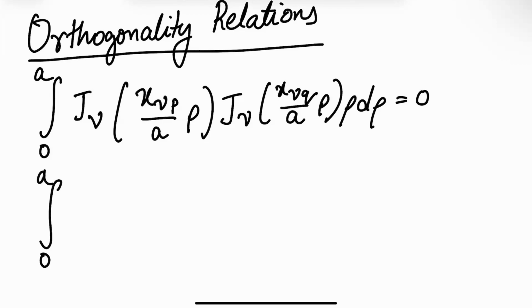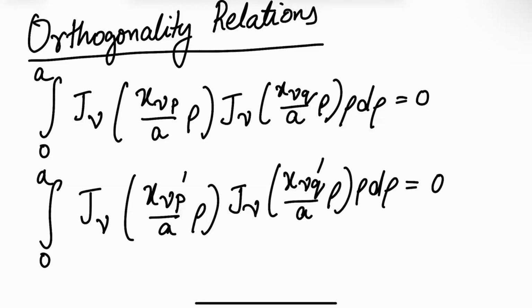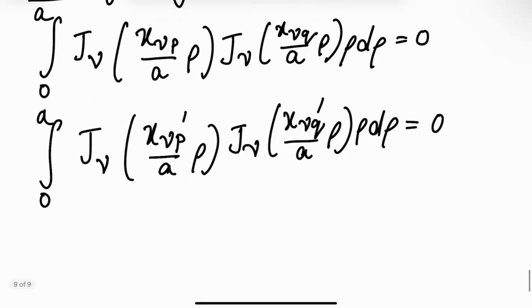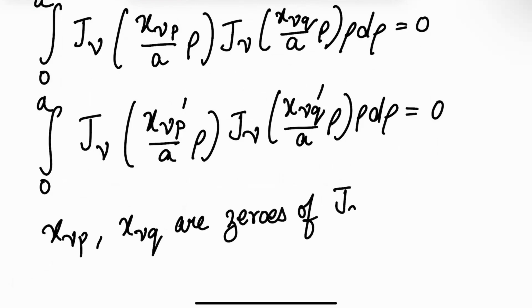But you also have another relation, which is the integral of J_ν(x'_νp ρ/a) times J_ν(x'_νq ρ/a) ρ dρ equal to 0. Okay, x_νp and x_νq are zeros of the Bessel function J_ν(x).